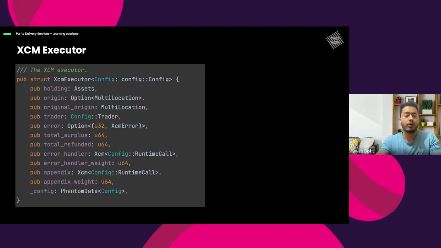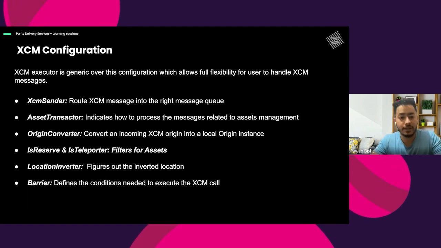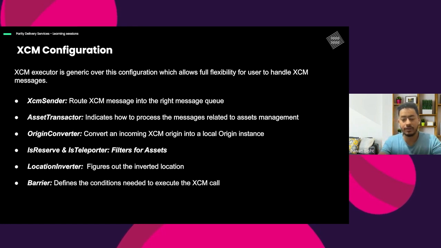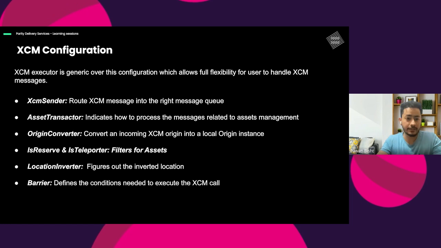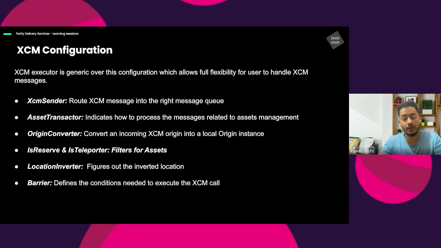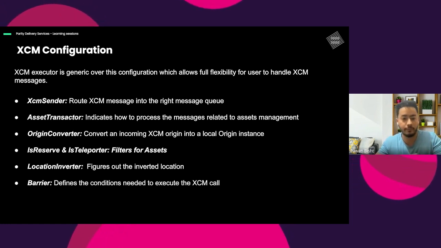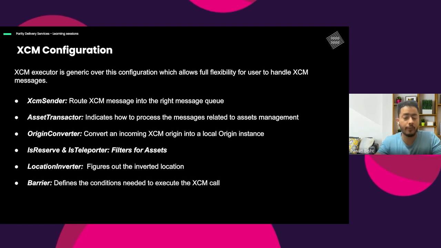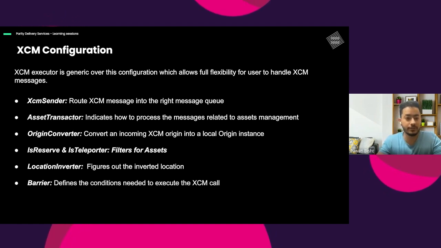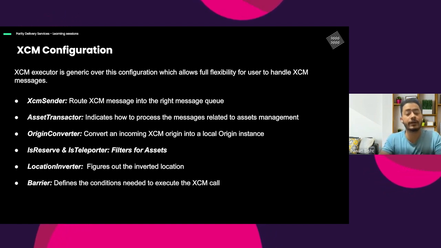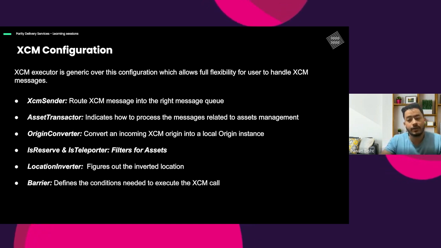Now let's talk about what XCM configuration actually is. You can see several configuration components present over here. But as we have a lot to cover, we won't go through every component. We'll pick the major ones. For example, we have the XCM sender here. XCM sender just routes an XCM message into the right message queue.